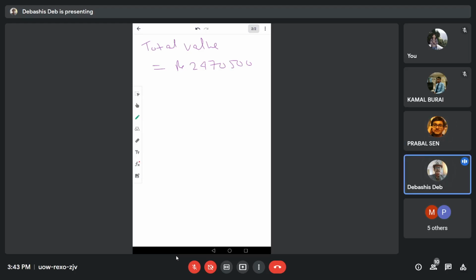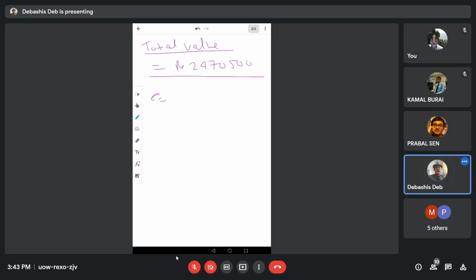Okay. Now, in the problem, it is mentioned that plot A has been sold at a price of rupees 25 lakhs. Now we have calculated the value. What should be the value of the plot A? It should be 24 lakhs 70,500. So since it was sold at a price of 25 lakhs, it was sold at a higher rate.